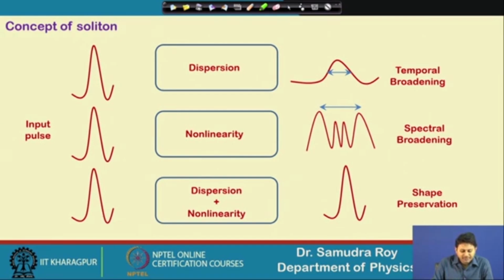But if the pulse is moving in a medium where dispersion and nonlinearity both are there, then there is a possibility that dispersion and nonlinear effect may counterbalance each other, and as a result we will have something which preserves its shape, and this is basically the concept of soliton.